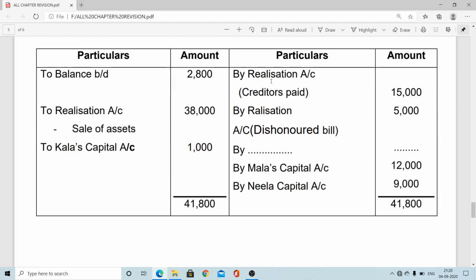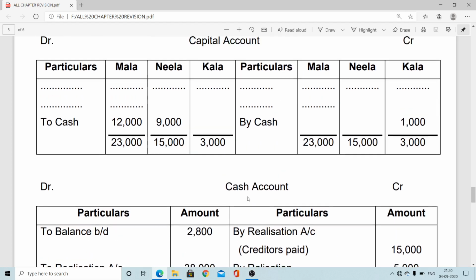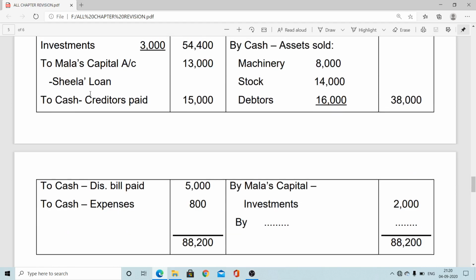And here you can see by realization, one thing is missing. Three times cash is there. Consider two cash for creditors payment and cash for the dishonored bill payment purposes, and realization expenses are not shown in the cash ledger.